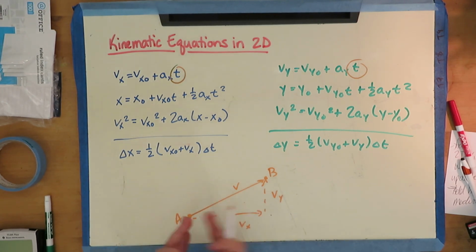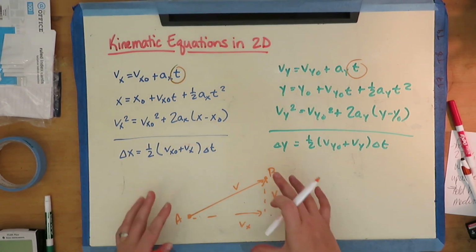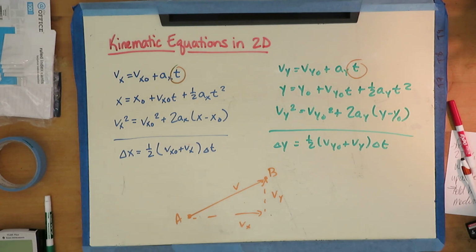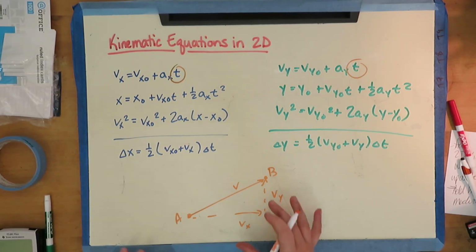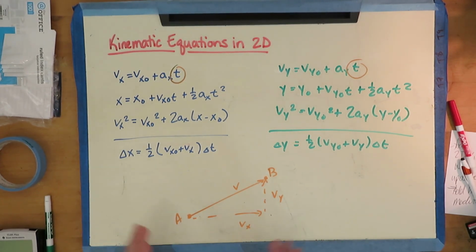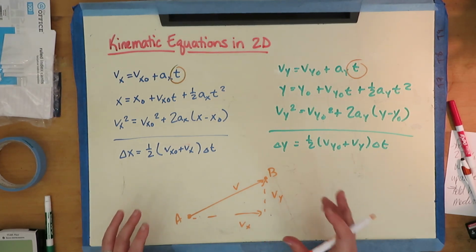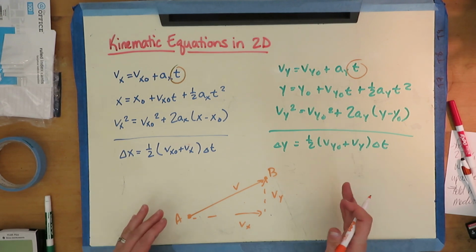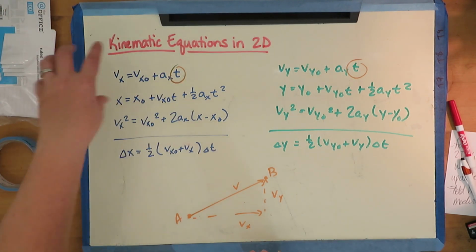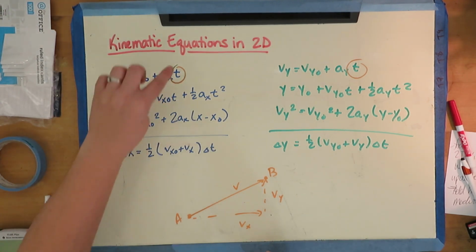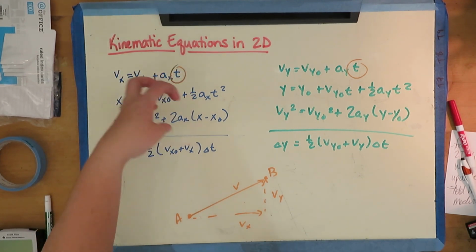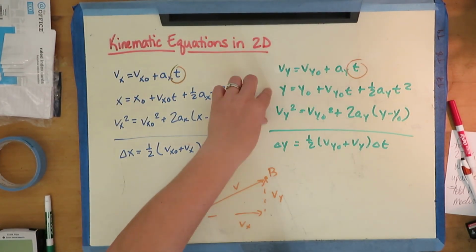The horizontal velocity and the vertical velocity occur at the exact same time, so they'll have some acceleration and some position associated with that. Time itself is what links these together. If I have information about the X, and I can find time, I can substitute that time over here and find information about the Y.